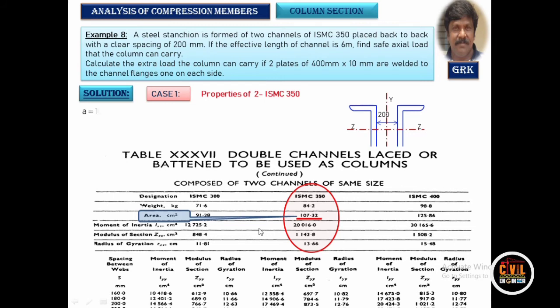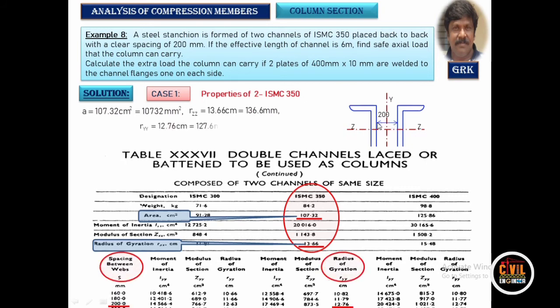Note down the area of this, the radius of gyration about ZZ axis, and about YY, RYY, we have to look into 200 mm apart. The spacing of these two channels back to back is 200. For that it is given as 12.76 mm.